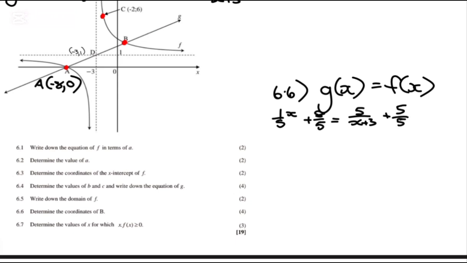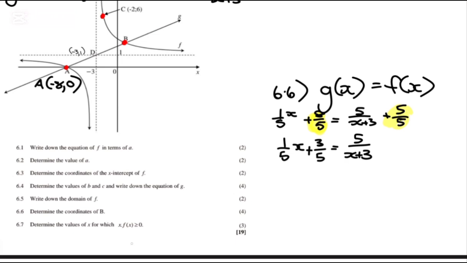Okay, so I'm just going to simplify slightly. I'm going to keep these x's as they are. We're going to do an LCM just after this. But let's just simplify these two. So I'm just going to take that negative 5. Let's bring the 5 over 5 to the left hand side. It becomes a negative 5 over 5. So that will actually give me 3 over 5. Now it becomes easier with my LCM.